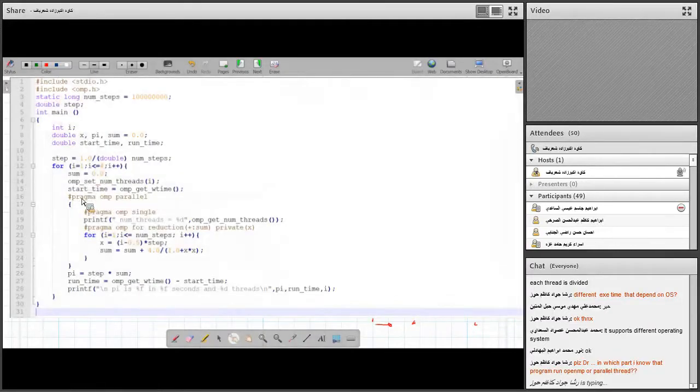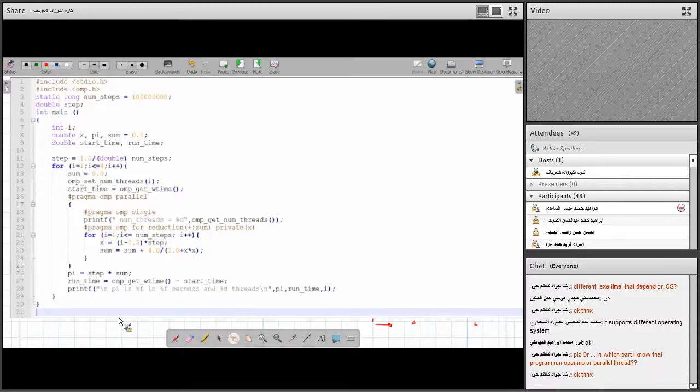The part located between the brackets belongs to pragma omp parallel. The part of the code that is inside this pragma omp parallel directive is parallel. This part. Was this your question?